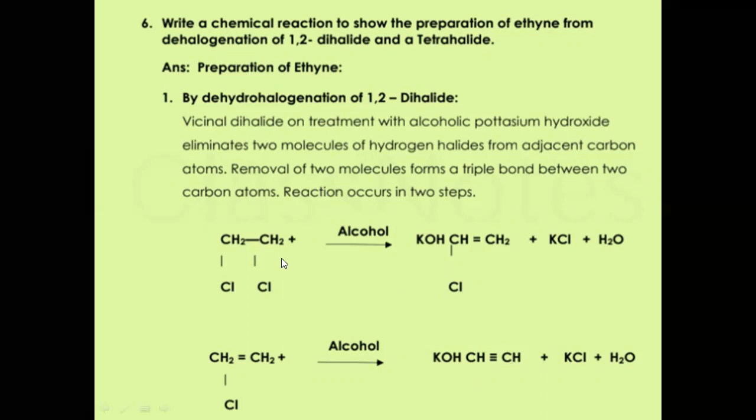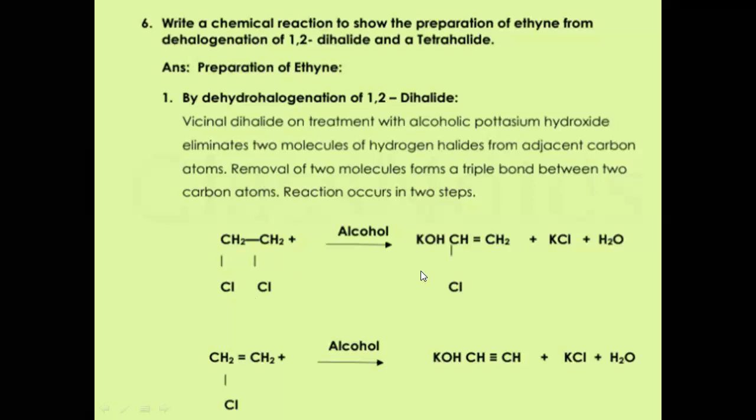So you can see we have 1,2-dihalide, two chlorine atoms are present on this hydrocarbon. We can also call it 1,2-dichloroethane. According to the IUPAC system, the name of this compound is 1,2-dichloroethane, because two chlorine atoms are there.